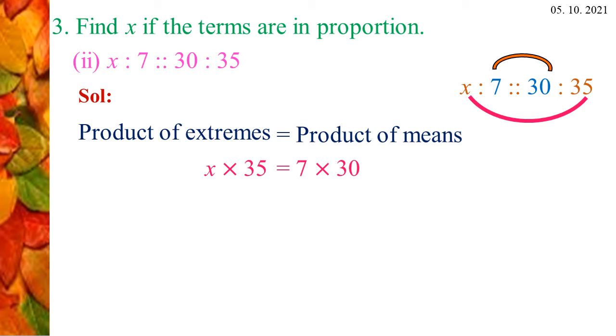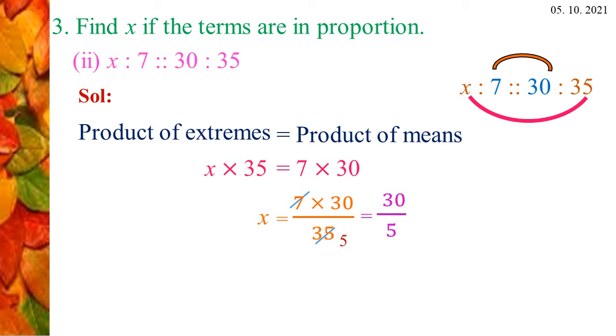Now we have to find the x value. So 35 transposes to the RHS and becomes divide. So x equals 7 into 30 by 35. Now cancel the common factors. The common factor of 7 and 35 is 7. 1 seven is 7, 5 sevens are 35.